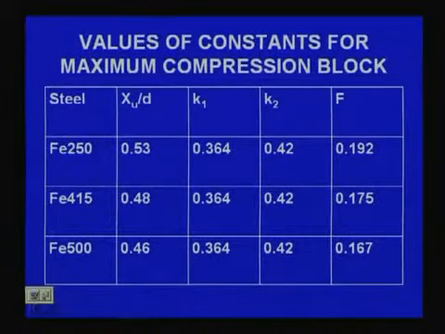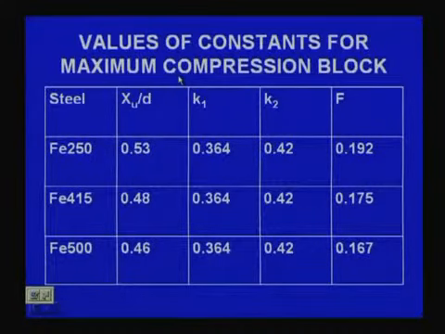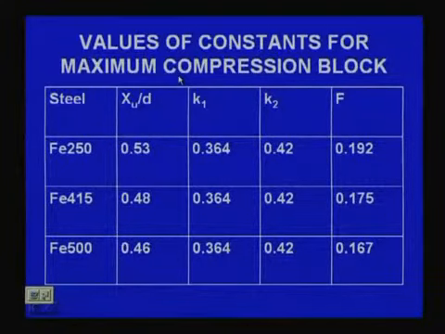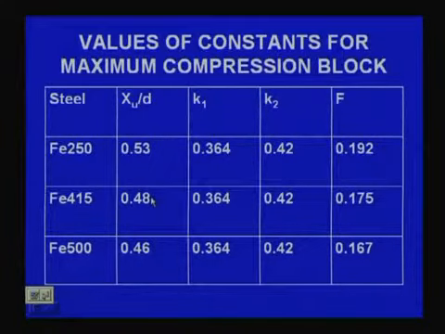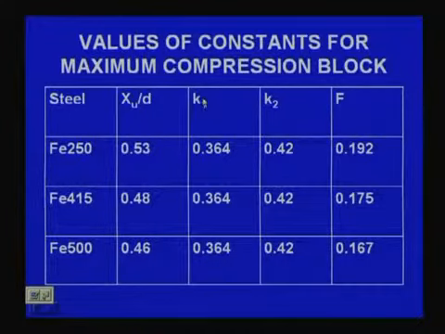So values of constants for maximum compression block. We are considering that as a block, one straight portion, another one parabolic portion. For different steel, that already we have noted down, XU by D: 0.53, 0.48, 0.46. K1 is 0.364, that is constant for steel.